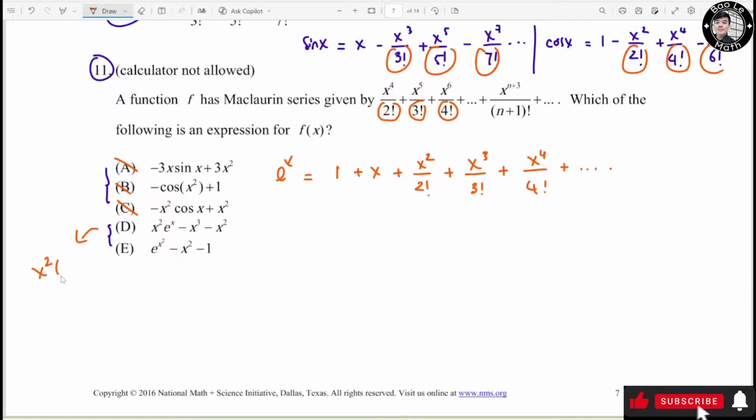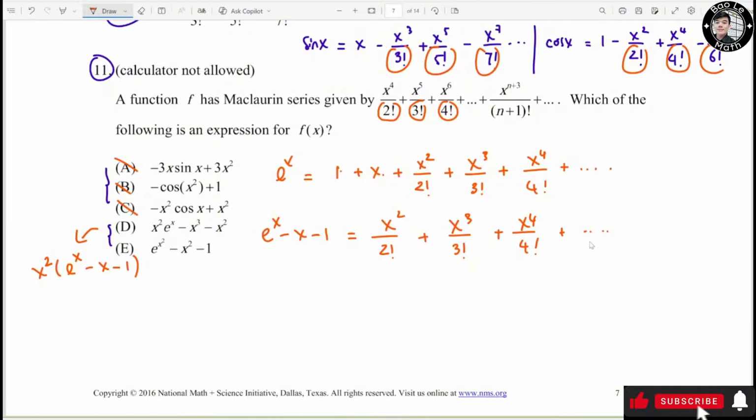So we have e to the s minus 1, right? So I'm going to subtract s and subtract 1 from both sides. I'm going to end up with e to the s minus s minus 1 equals s squared over 2 factorial plus s cubed over 3 factorial plus s to the 4 over 4 factorial plus etc. Right?